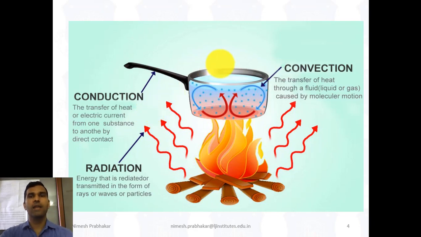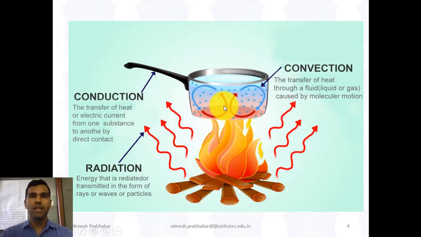And third one, heat transmission by convection. In convection, heat is transferred through a fluid, liquid or gas, caused by molecular motion. That means due to convection, the molecules of this water go in an upward direction.